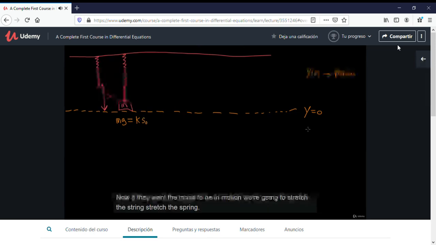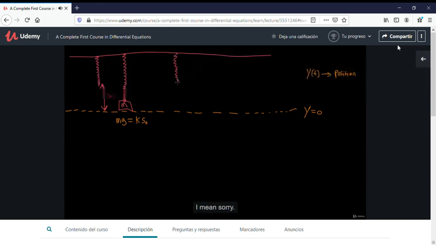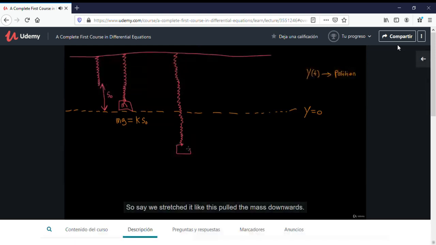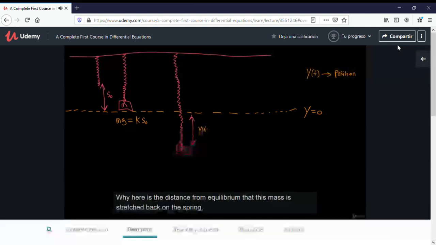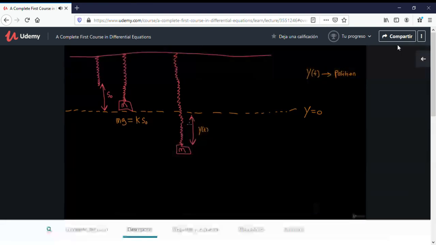Now, if we want the mass to be in motion, we're going to stretch the spring or compress it. Say we stretched it like this, pulled the mass downwards, and we're going to call that distance y of t. So y of t is the distance from equilibrium that this mass is stretched on the spring.